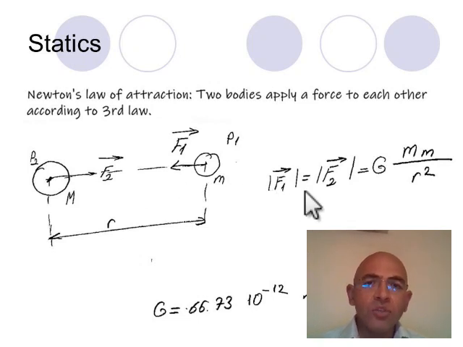And the magnitudes of these forces are equal. Now the expression for this is G times the multiplication of the masses, so capital M multiplied by small m, divided by r squared. This is what Isaac Newton found after analyzing many celestial objects, and G is a universal constant.